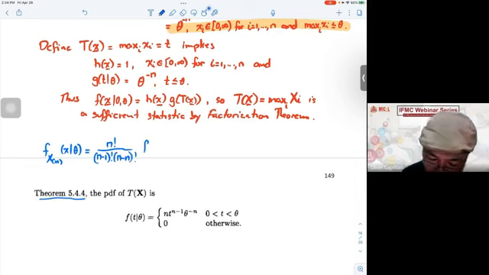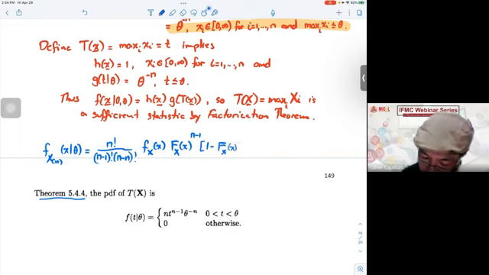We have the PDF of x evaluated at x, the CDF of our random variable x, the CDF raised to n minus 1, and then 1 minus the CDF raised to n minus n.